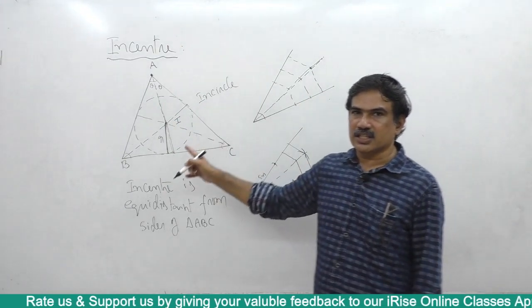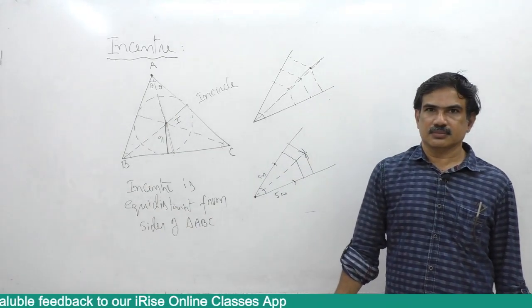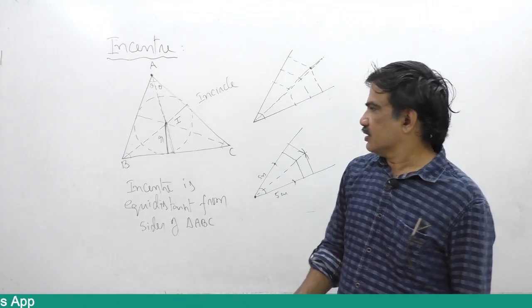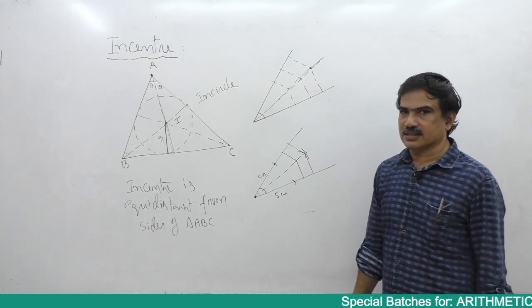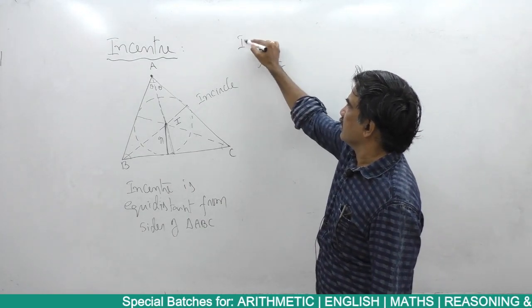The circle which touches the three sides of a triangle is called the incircle, because the incenter is equidistant from the sides. The radius of this circle is called the inradius.